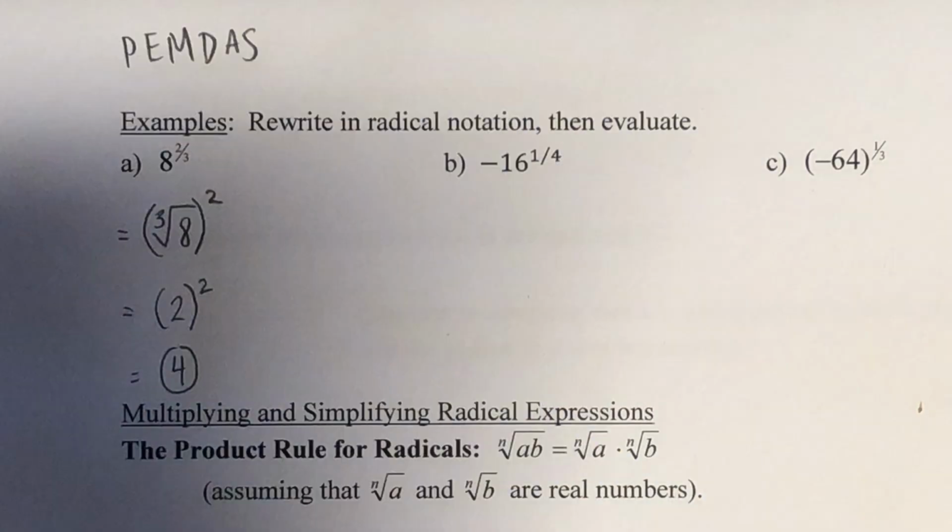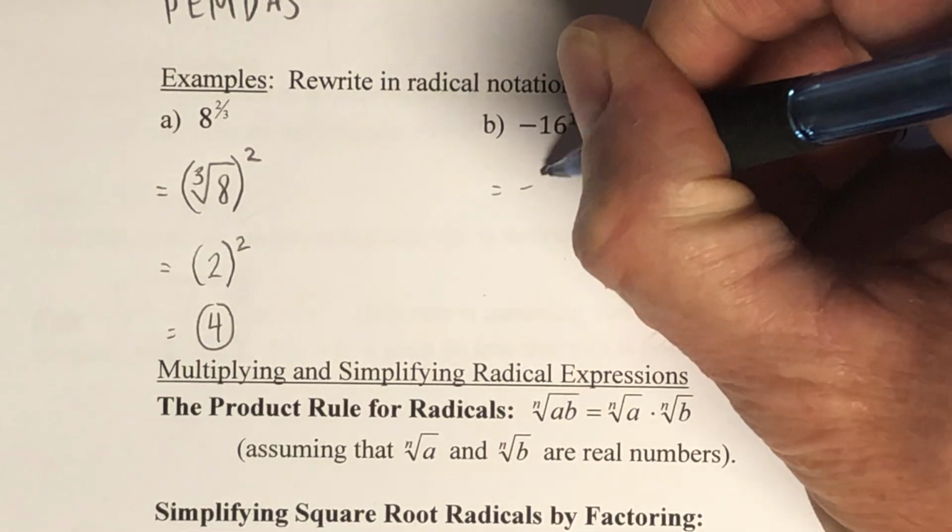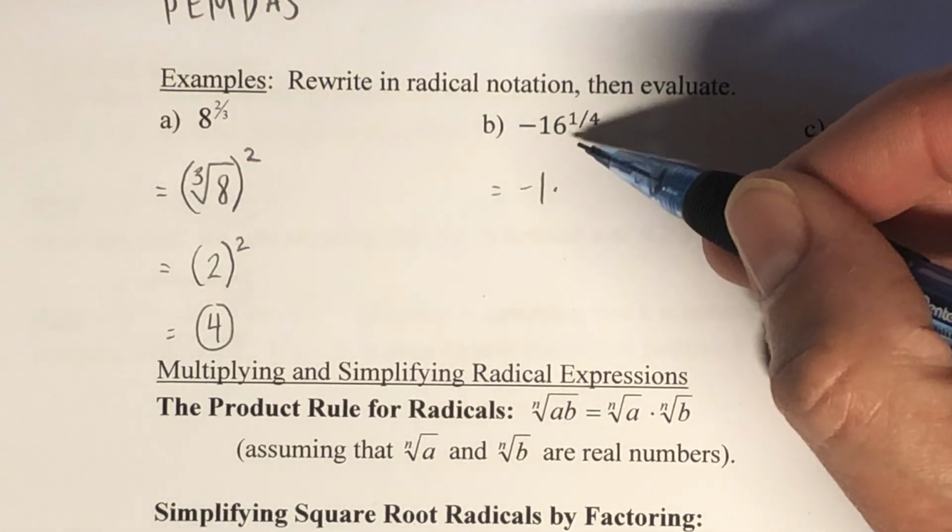In a similar way, in this problem, you need to say that this is negative 1 times, because there's no parentheses there.